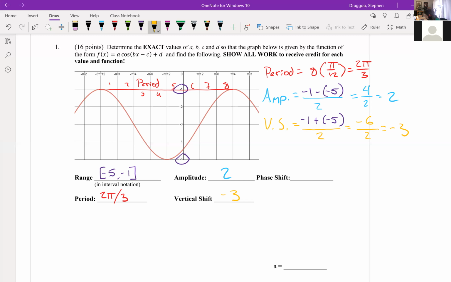And then for the phase shift, pick a different one from the first time we did the problem. I'll choose this point because I must pick something for cosine. And that phase shift is at an x value of -pi over 12.